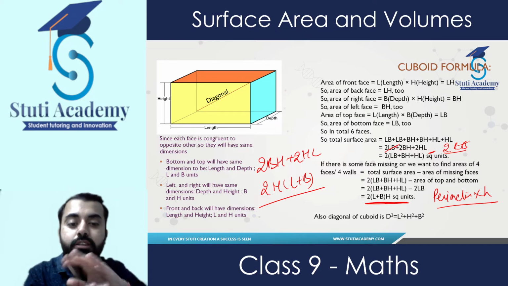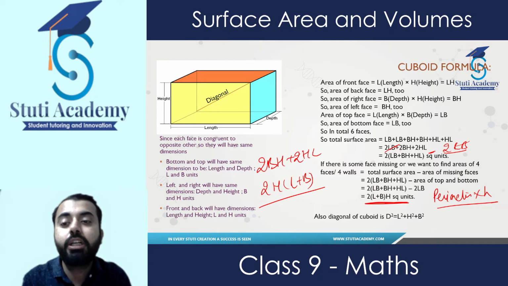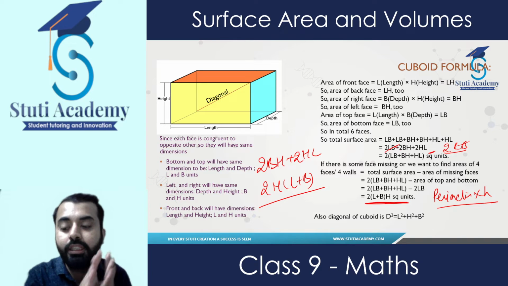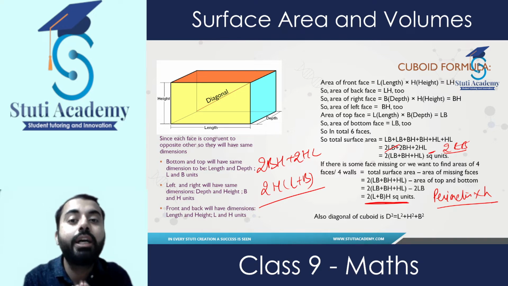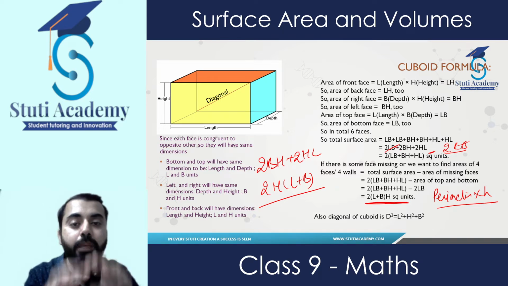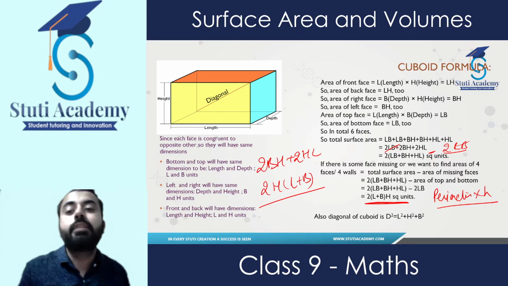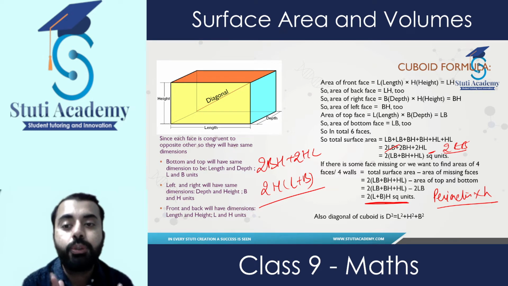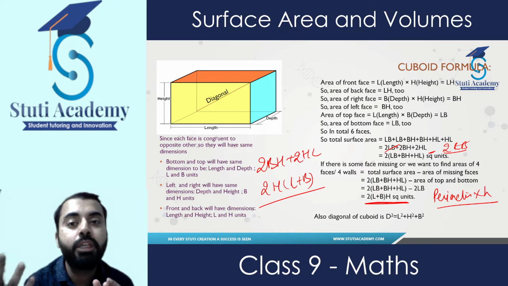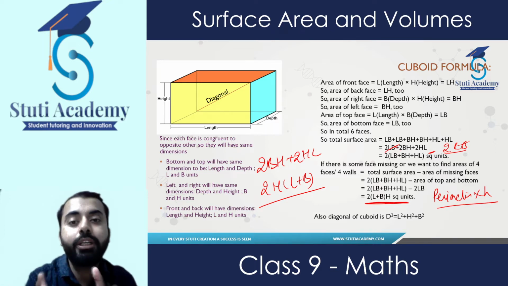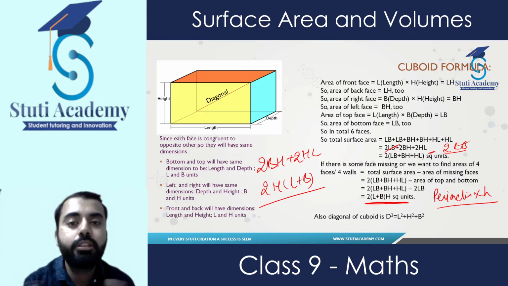And with relevance to this part, if it is mentioned that you are not taking a certain kind of face, just remember this. You don't have to add its area. Just pick that face out and remove its area from the total surface area. If it is mentioned that you don't have to take the area of a particular face, then you can do that in two methods.